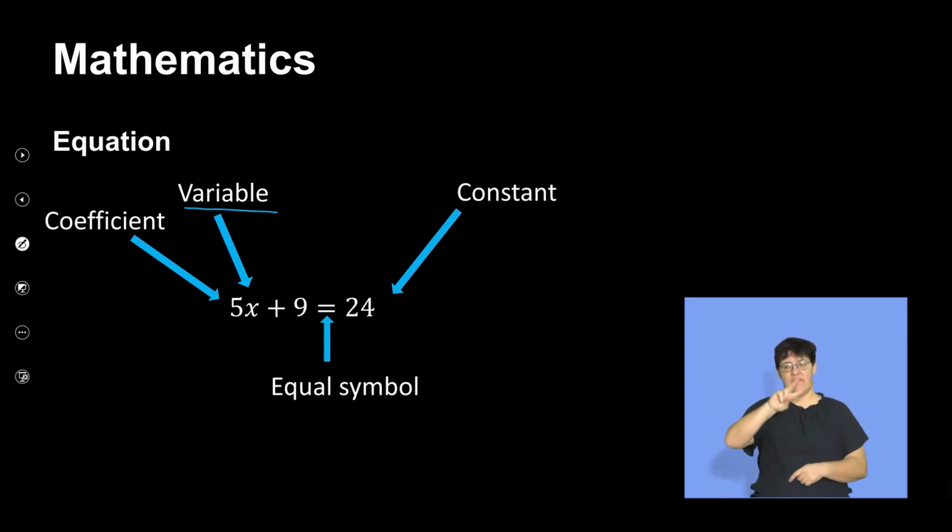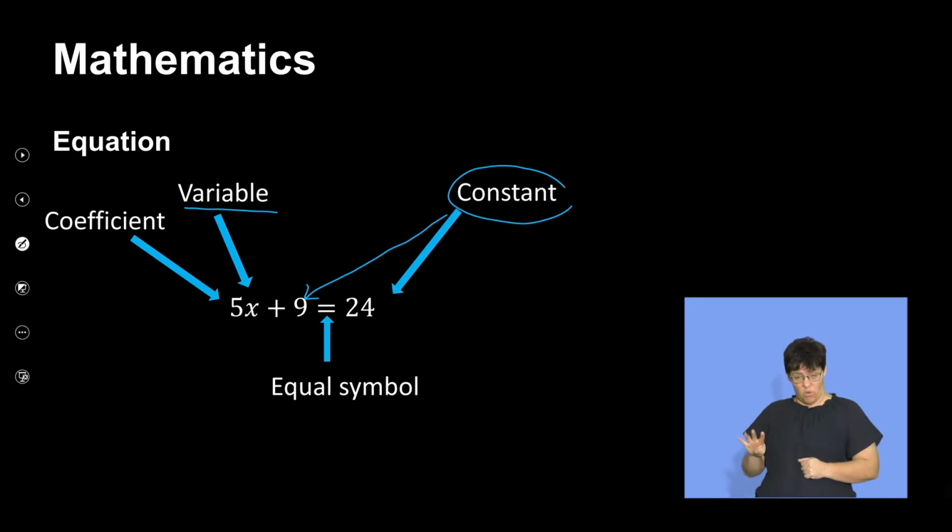Then the equal symbol tells us that one side has the same value as the other side. Lastly, we have a constant. The constant is not only the 24, even this 9 here is a constant, I was just labeling the 24 alone. So any number that does not have a variable next to it, we consider it a constant.